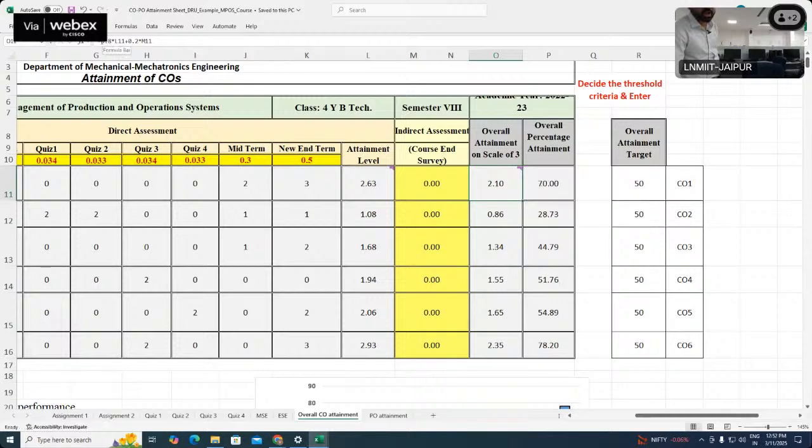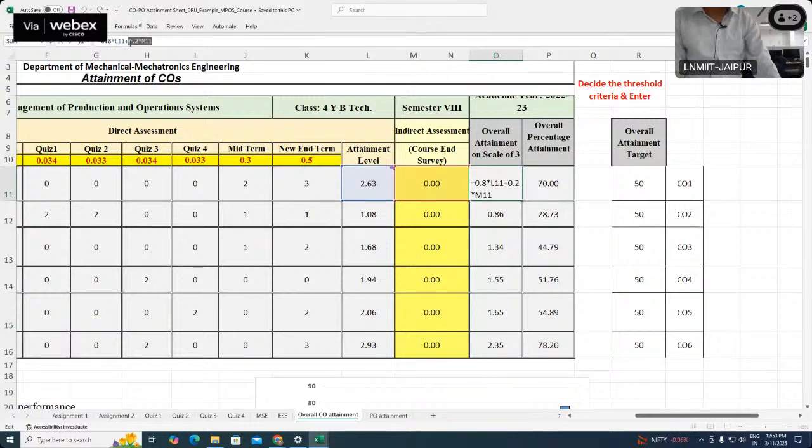So currently what I have put here is 0.8 into direct attainment and 0.2 into indirect attainment, in this particular cell. Let us say I don't have indirect assessment, then in that case you simply read this particular cell. So it will become 1 into L11 and this you will delete.